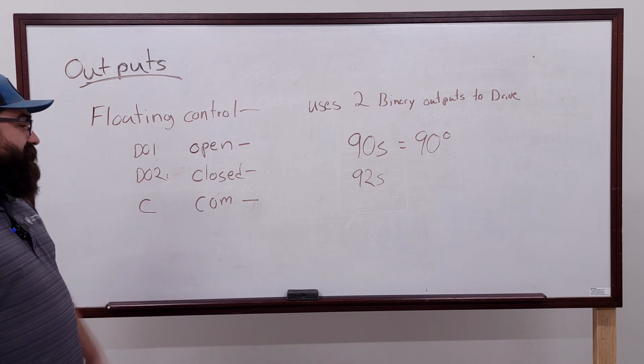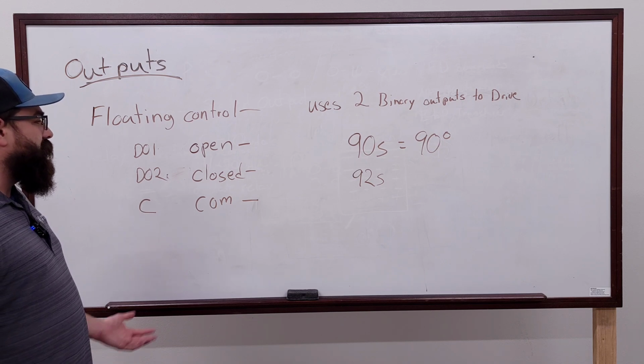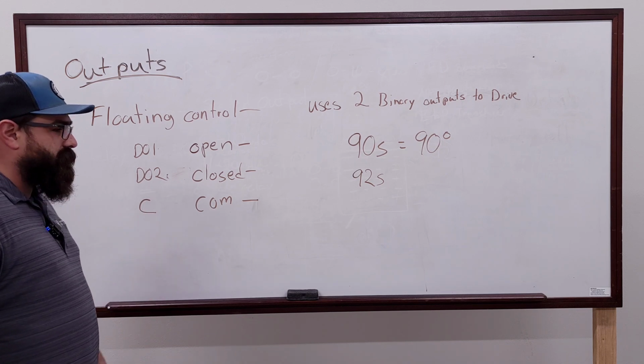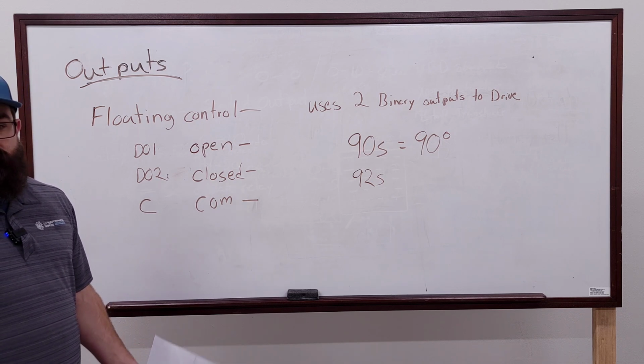Really, the only way to test these is with a meter and a way to drive the output, and then you can time it and make sure it's actually doing the right amount of time for that actuator.